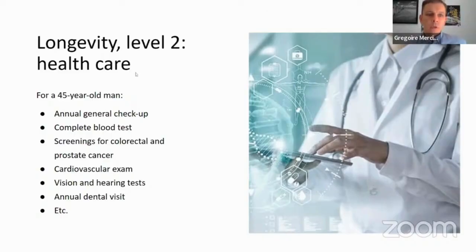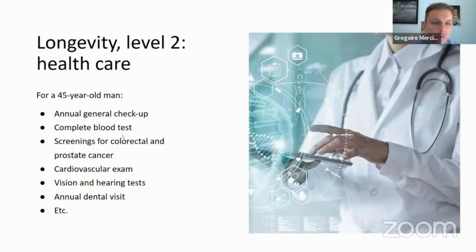So I was saying that level 1 was simply health behavior, then level 2 is healthcare. So we know that healthcare accounts for 20 to 25% of health and longevity. So again, that's just a quick reminder for you, background information that we already know a lot about effective, successful interventions, which are evidence-based and recommended depending on your gender, age, and so on.